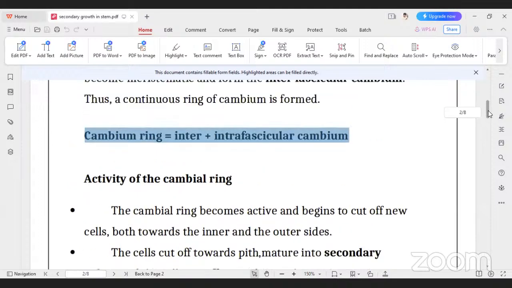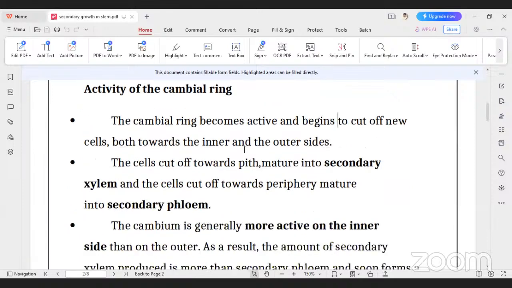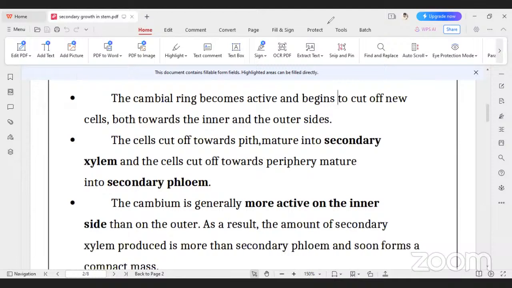Let's see, this is important. Now let's see the activity of the cambium. After formation of the cambium ring, the cambium ring becomes active and begins to cut off new cells on both sides, inner side and outer side. For example, already this cambial ring has developed.